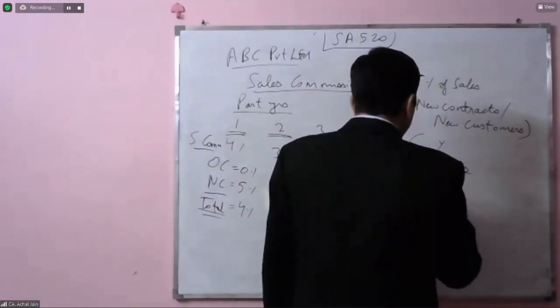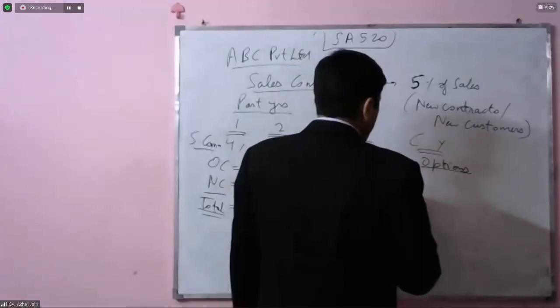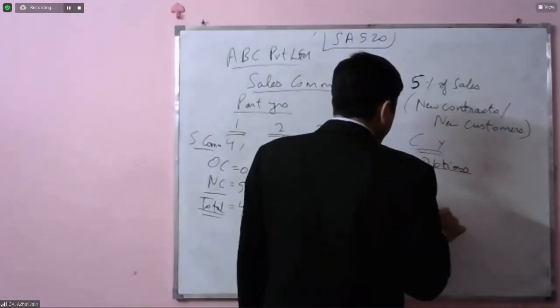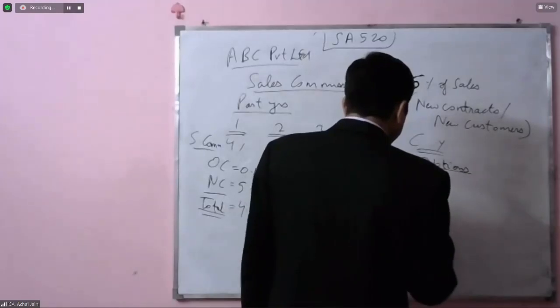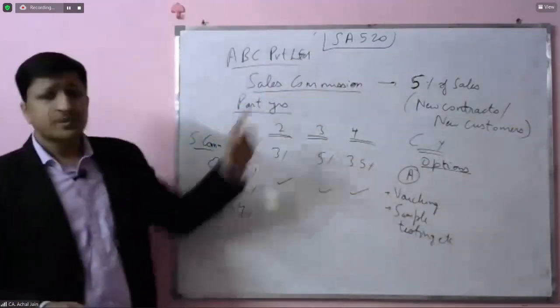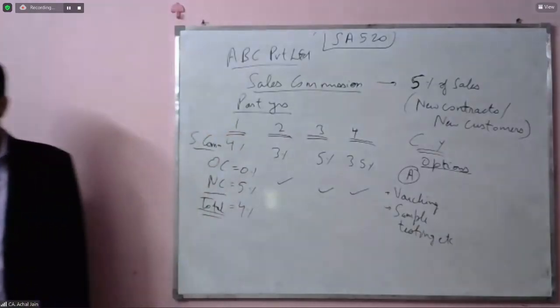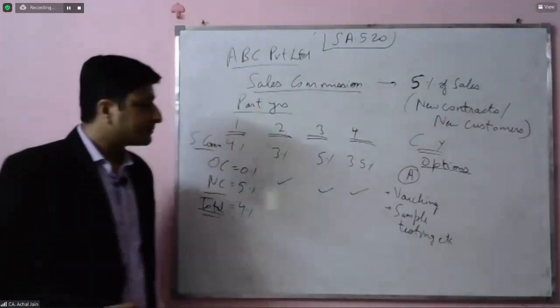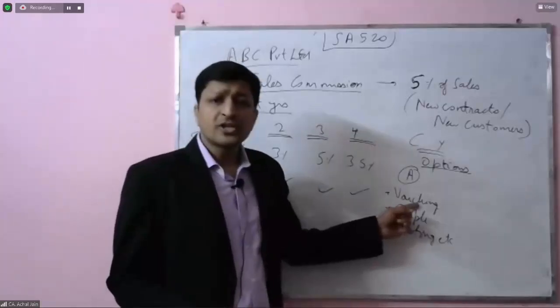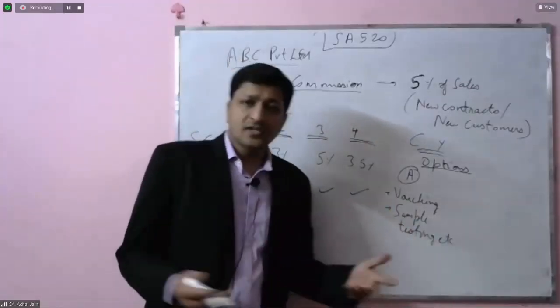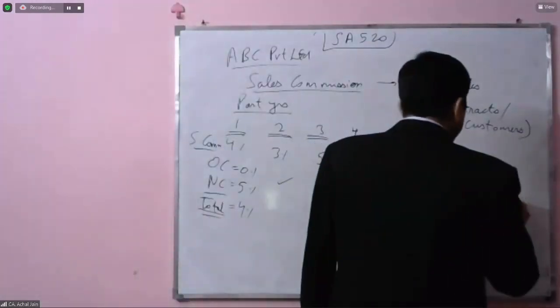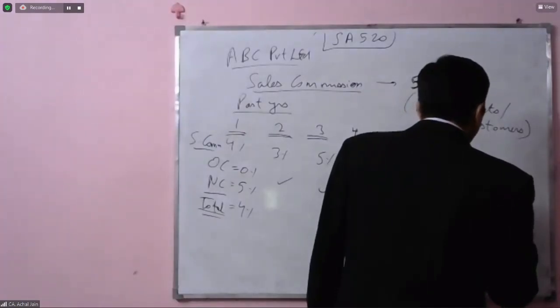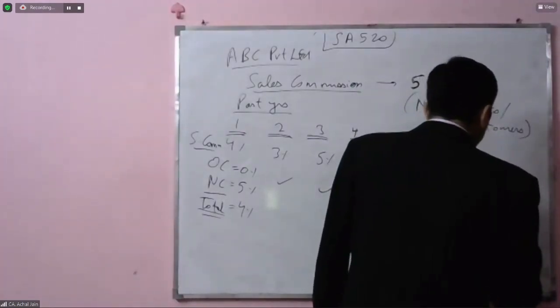Option number A, he would do vouching, sample testing, etc. For the sales commission, he would pick up samples, and he would do vouching, he would do testing on a sample basis. So that is the first option available to him. What's the other option? The other option is to perform analytical procedures.